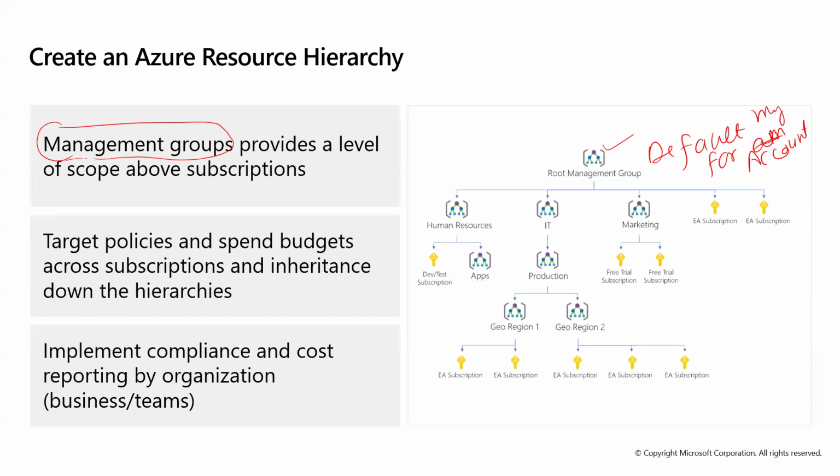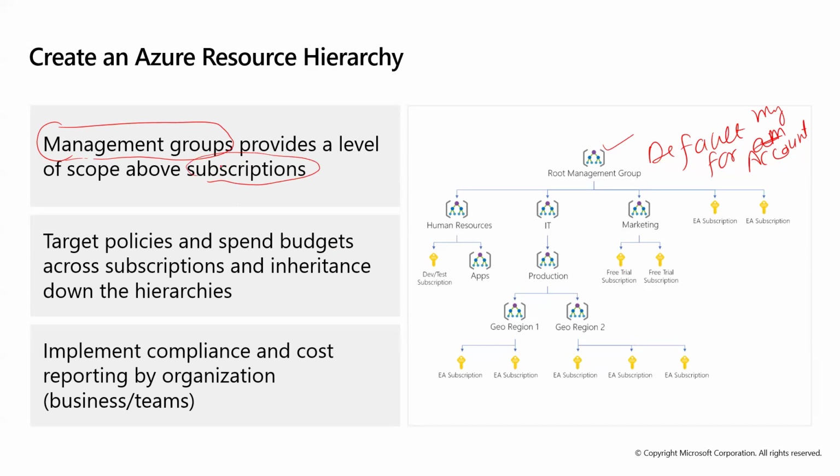Now, what is the need of this management group? First, you understand the need of the management group, and then I will come to the remaining architecture. Just assume that, as I have told you, we will not be going with one single subscription.